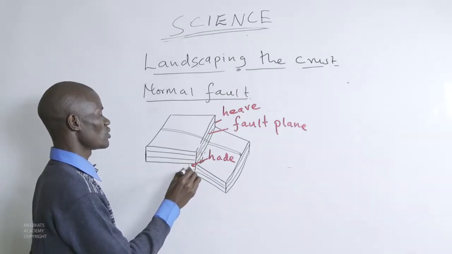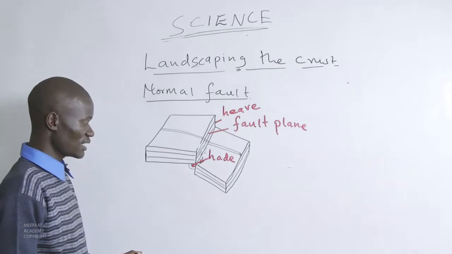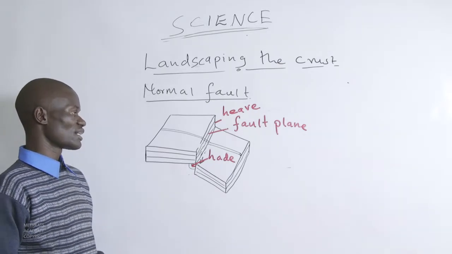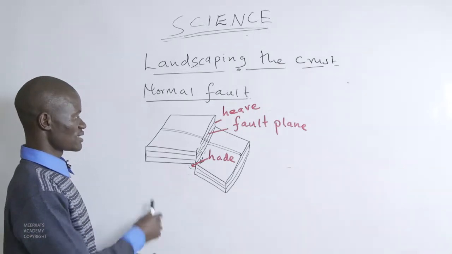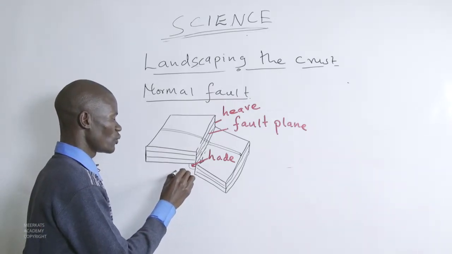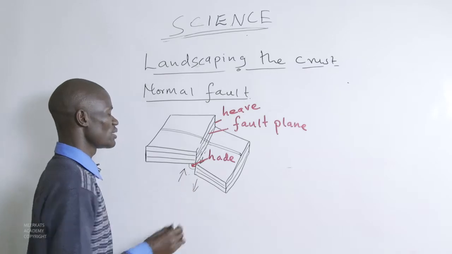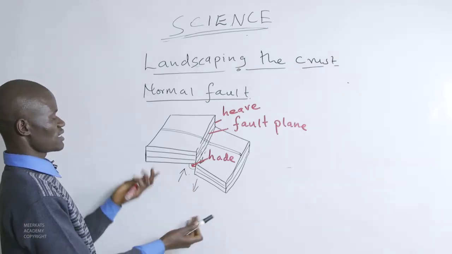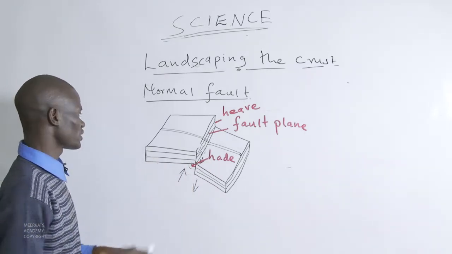Therefore, this angle is what we refer to as the head, because it is the inclination angle that has resulted in the process of up throwing and down throwing of this tabular rock, crustal rocks.